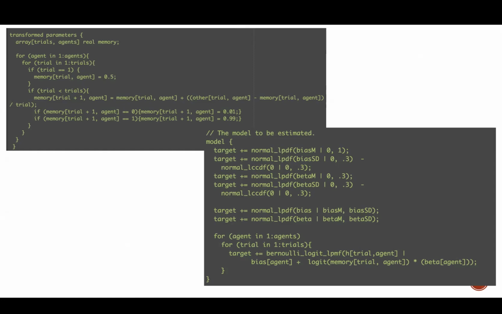We called it the model here. So if the memory is above 0.5, it pushes things positively. It's a positive value. If the memory is below 0.5, it's a negative value, and log odds is going to push us towards minus infinite, towards left, times beta, right? How much we're swayed by memory.